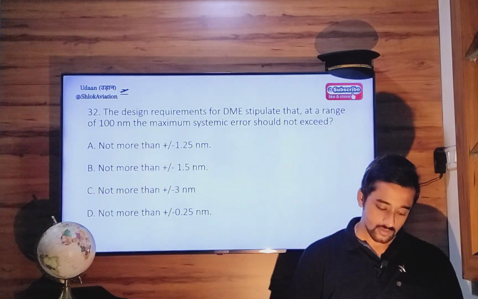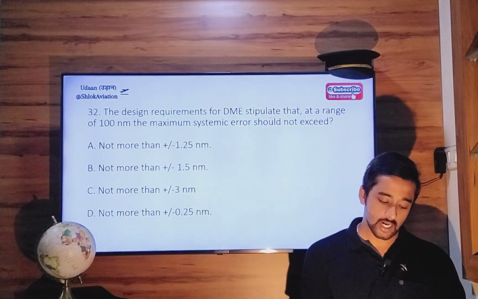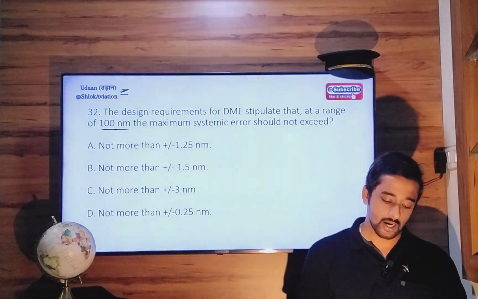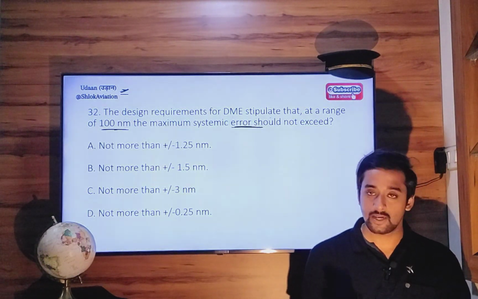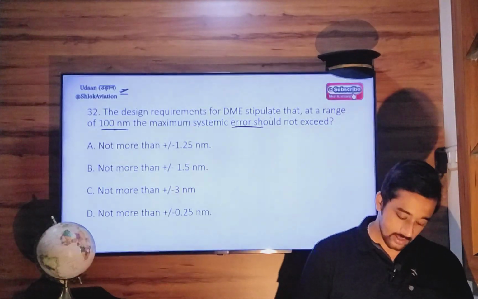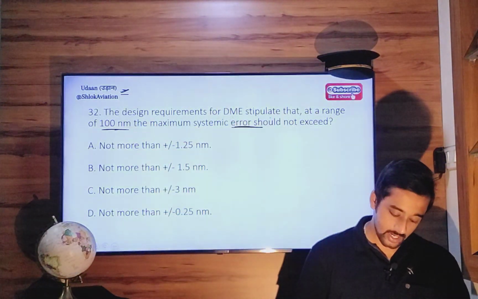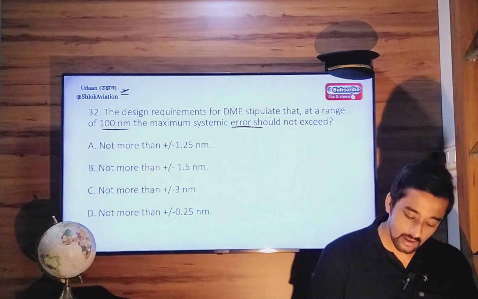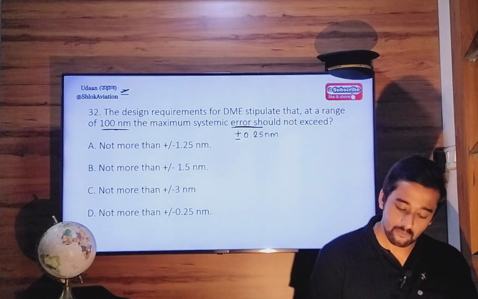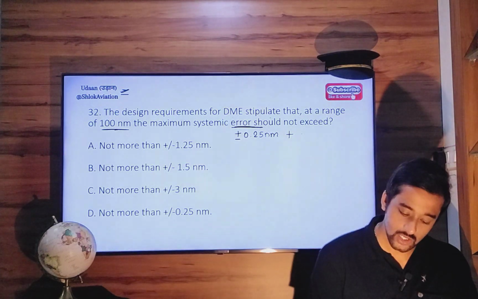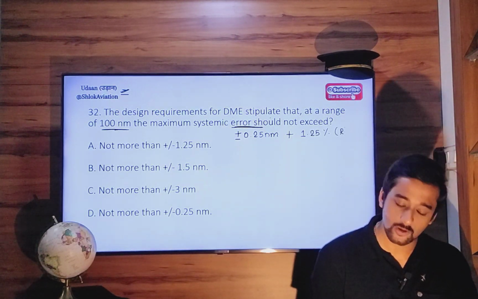Next, question 32. The design requirements for DME stipulate that at a range of 100 miles, when you are 100 miles away from a DME station, the error should not exceed what particular value? Now the ICAO specification states that DME information must be accurate to plus minus 0.25 nautical mile plus 1.25 percent of the range value.